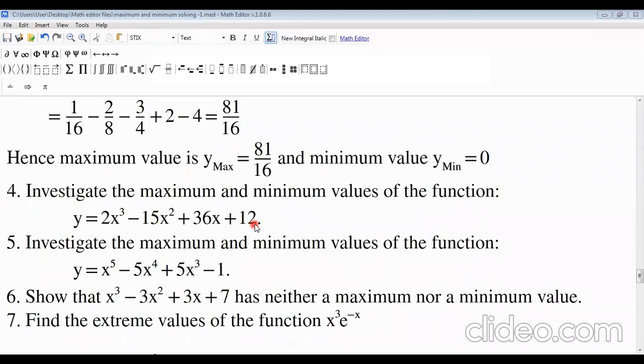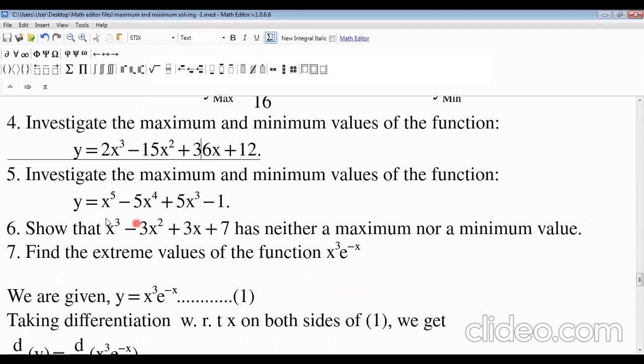You can find the maximum and minimum values for this function, and this will be homework for you. I hope everybody can solve this using the same procedure.